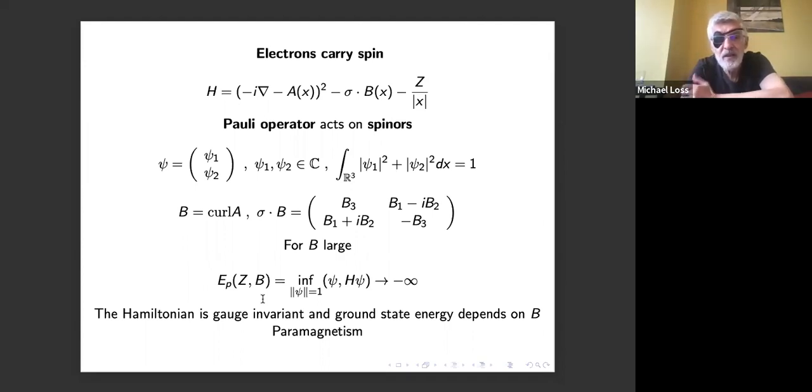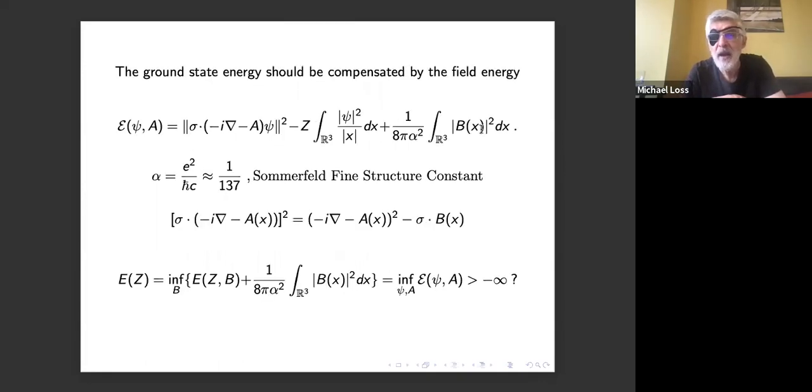Let me tell you a little bit how one gets into the zero mode business. The electronic energy goes towards minus infinity, but of course, if the magnetic field gets very large, you have to pay a price to the power company. The price you usually pay is you add the field energy. In my units, I used atomic units, it looks a little bit weird: you get 1 over 8 pi alpha squared, where alpha is the fine structure constant.